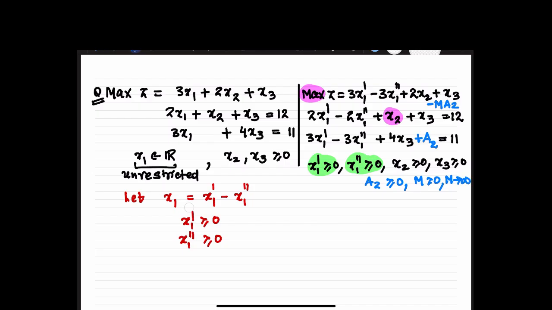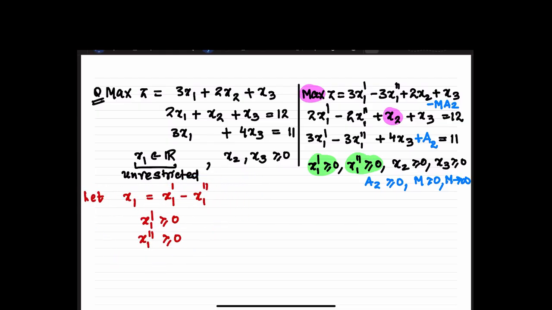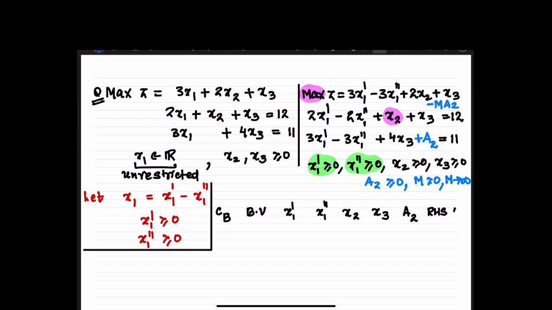So now we make the table. This is the replacement that we have done. So the table becomes: the columns are CB, basic variable, x1 dash, x1 double dash, x2, x3 and a2. This is RHS. This is theta j.